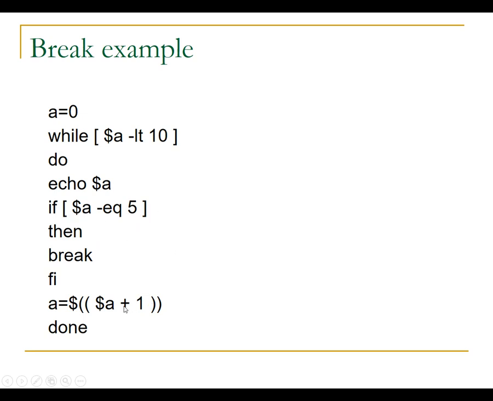Then a becomes 5. For 5 this decision making statement becomes true, then it breaks the statement. That means it prints 1 2 3 4 5 although the condition is about to repeat from 0 to 10 times.